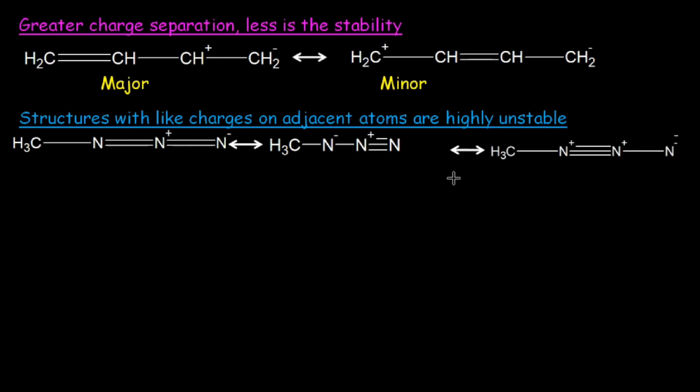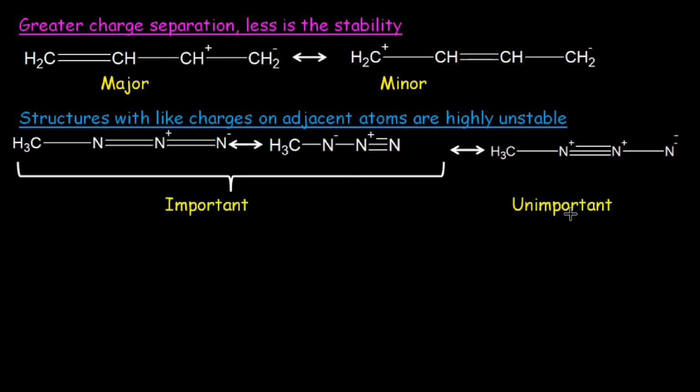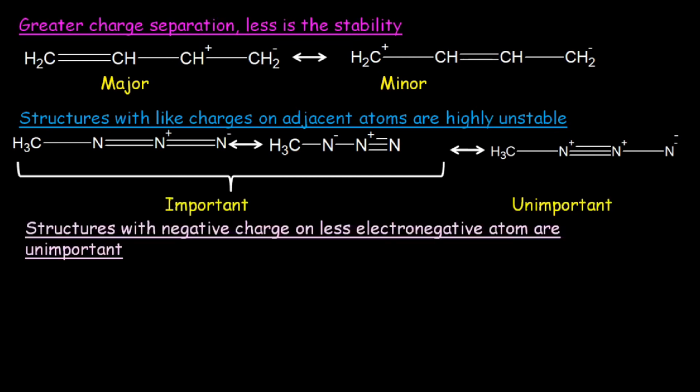But this is another canonical form, where these two nitrogens are bonded with a triple bond and both get positive charge. This structure is less important according to the rules of resonance, because here like charges are on adjacent atoms. So these two structures will have greater importance and structure 3 will be unimportant.